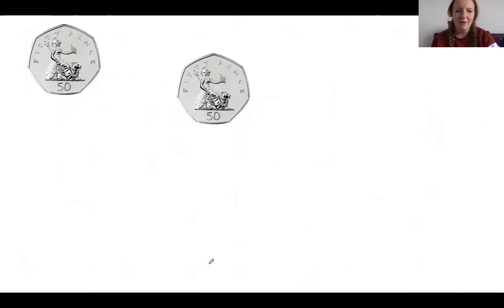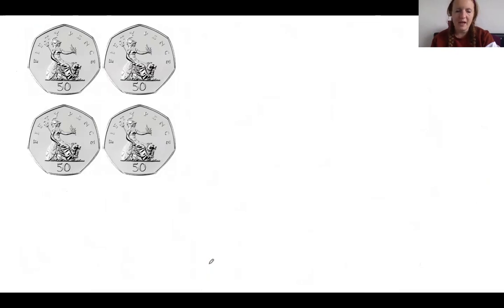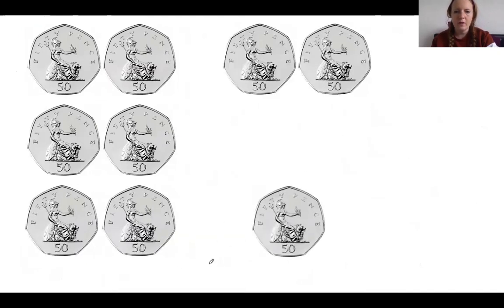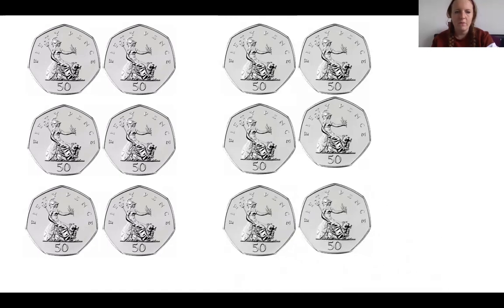So this is my first group. My second group, again, I'm just doing 2 because we know that a half and a half is a whole. There's another group. So that's already 2, 4, 6, 8, 10, 12, and 1 more because I have 13.